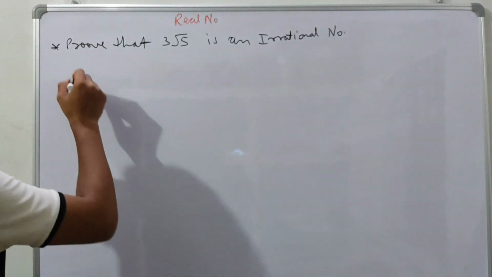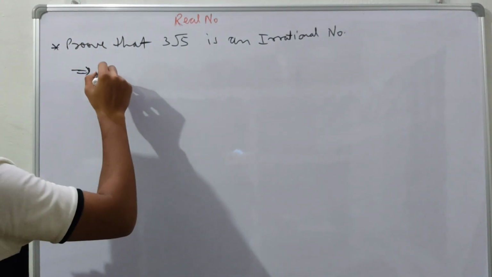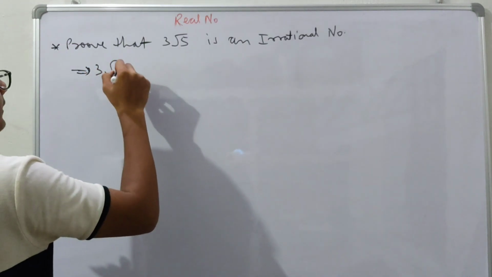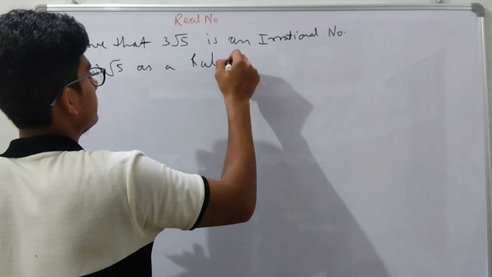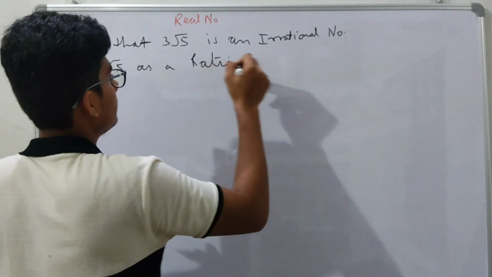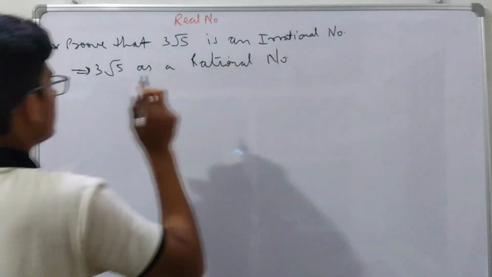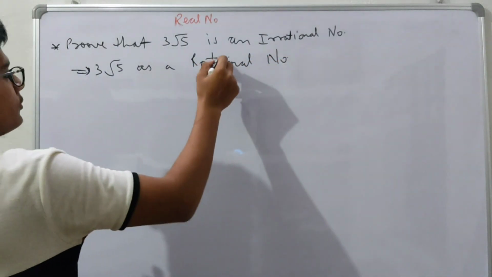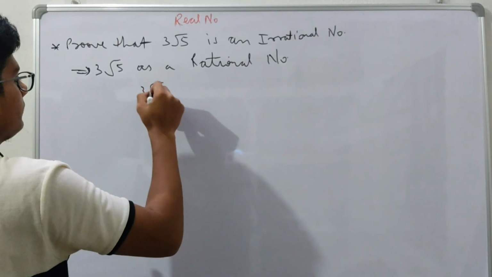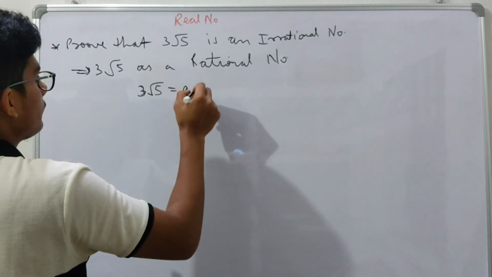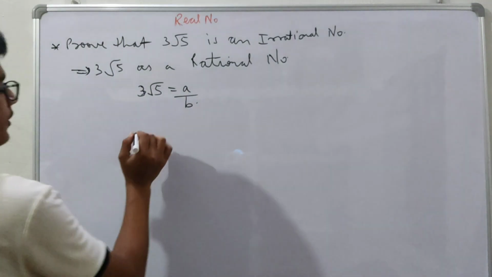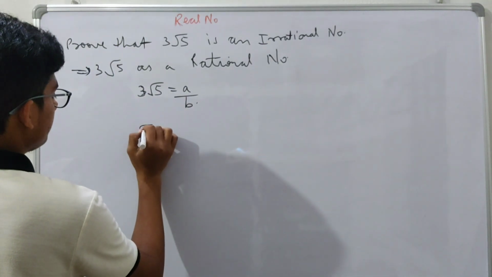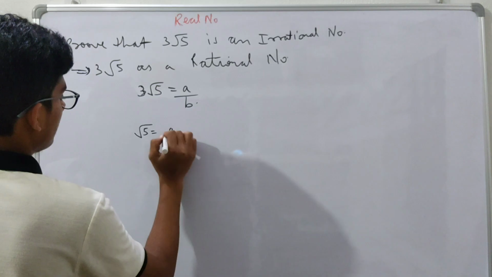How can we prove it? Similarly, let 3 root 5 be a rational number. So 3 root 5 will be equal to a by b. So root 5 will become a by 3b.